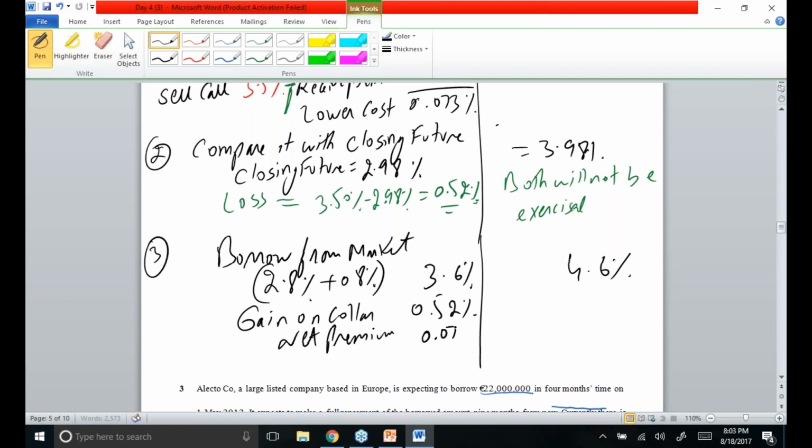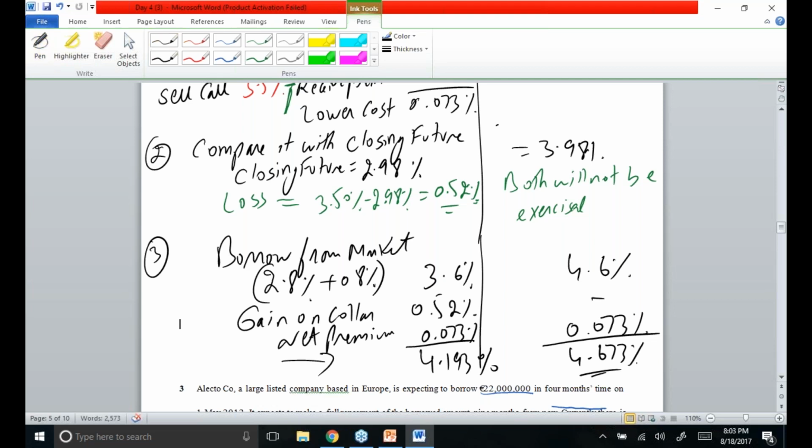Net premium 0.073%. And in this case, no gain or loss, 0.073%, 4.673%. And in this case, it is 4.19%.